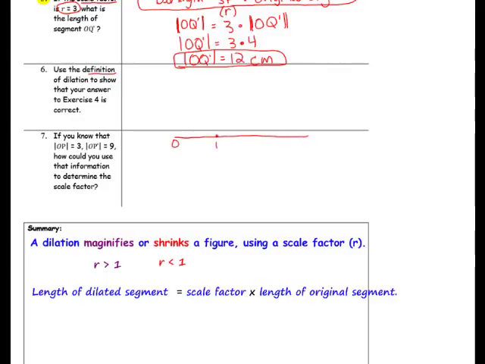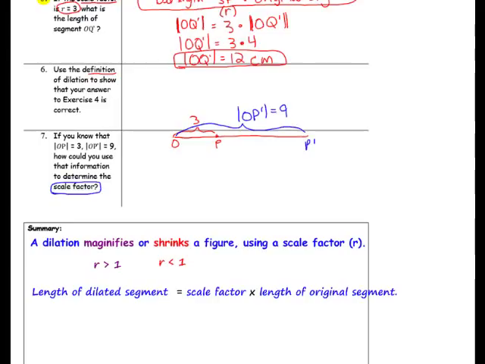Here is O, here is P, and we know that this is 3. And you know that the length of the dilated segment, OP prime, is equal to 9. How can you use that information to determine the scale factor?